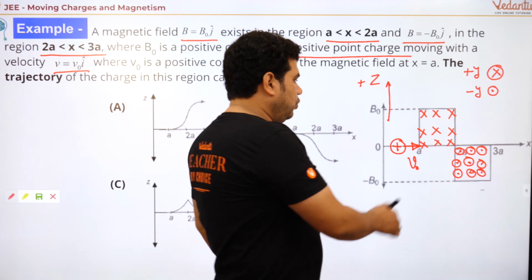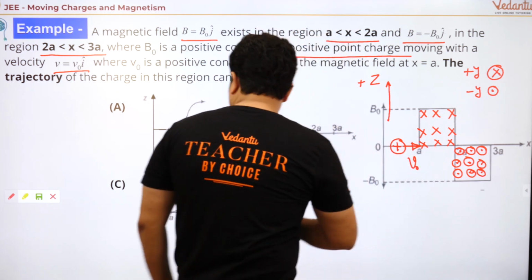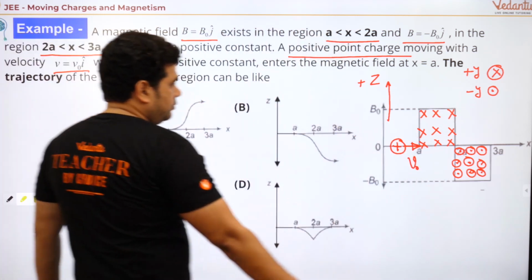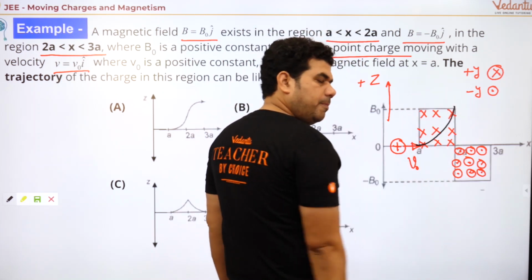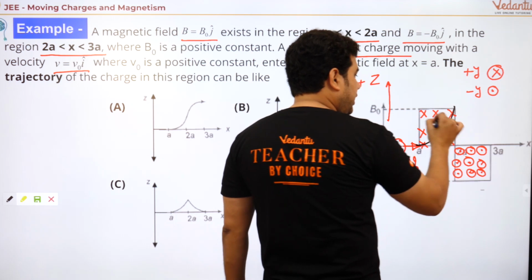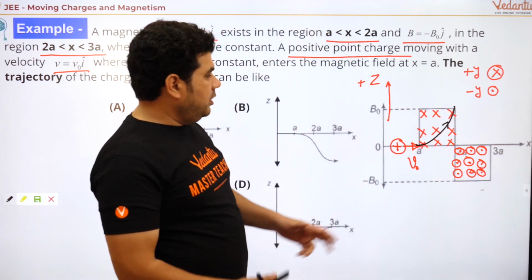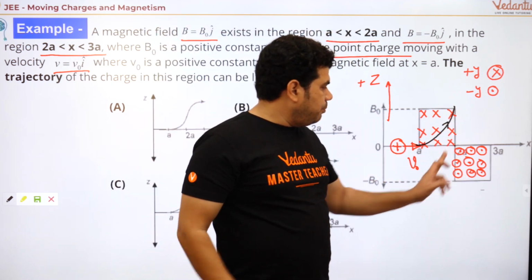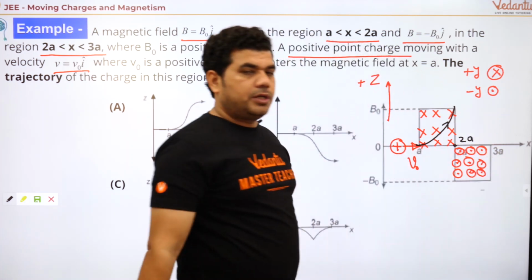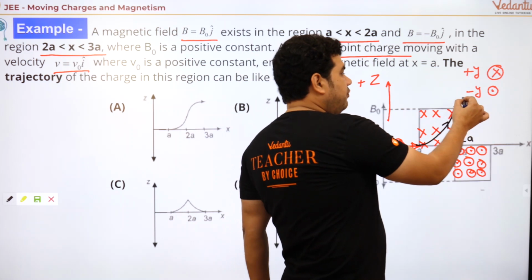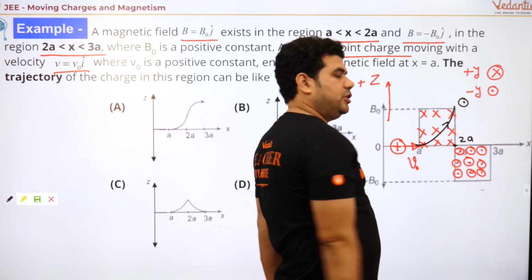So if there is a force, so it will move like this, right? यहां तक पहुंचने के बाद, after reaching the point, what is the point here? This point is 2A. Now the magnetic field is upward direction.